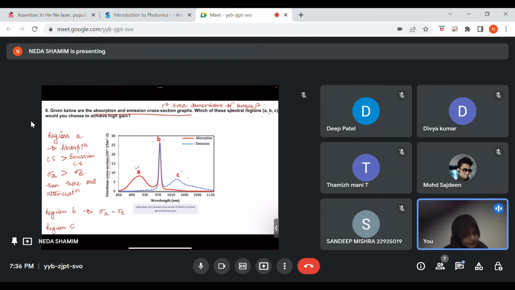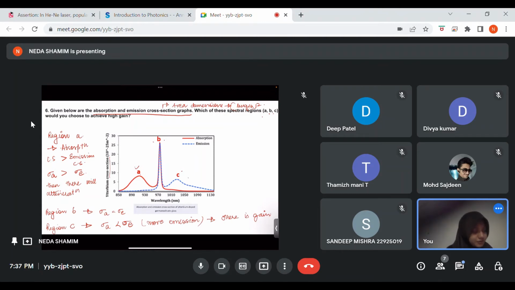Now what is happening in region C? In region C, sigma A is less than sigma E. That is, there is more emission, and more emission means there is gain. There is high gain, not attenuation. So we will choose region C for optical amplification in this particular system.